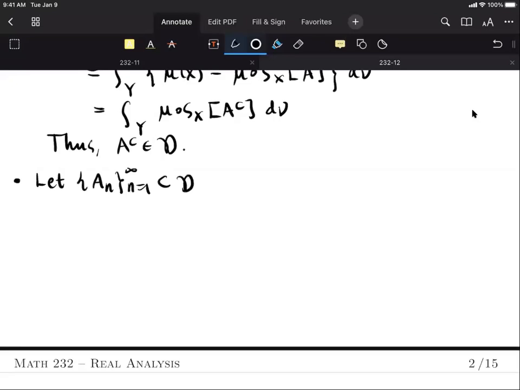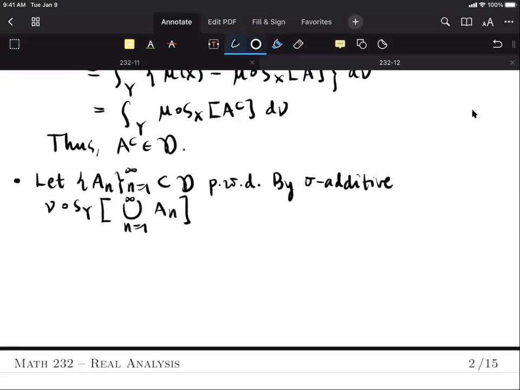So take a countable sequence of pairwise disjoint sets in D. Now, if you apply sigma additivity, nu of the section on Y of the pairwise disjoint union, we said a while ago that this is nu of the union of the sections.